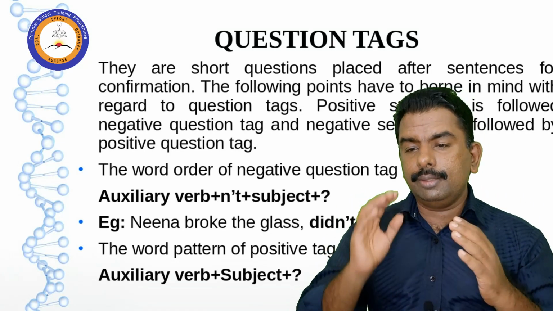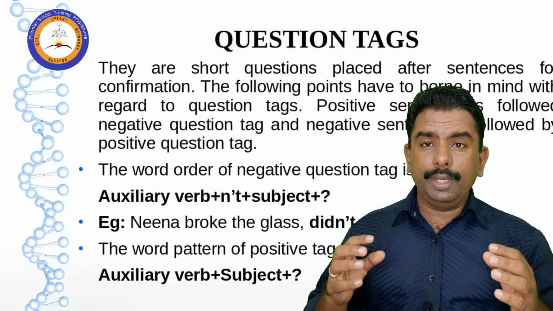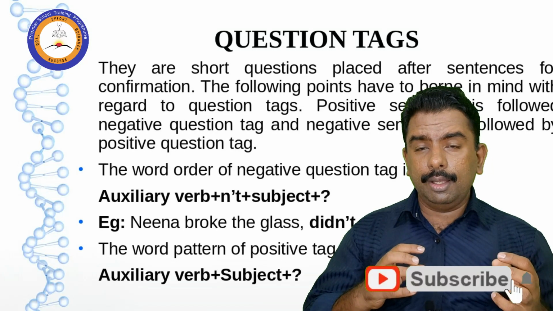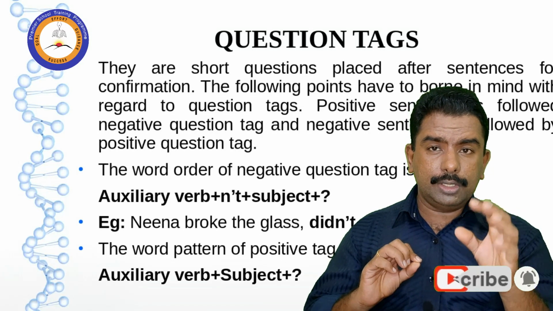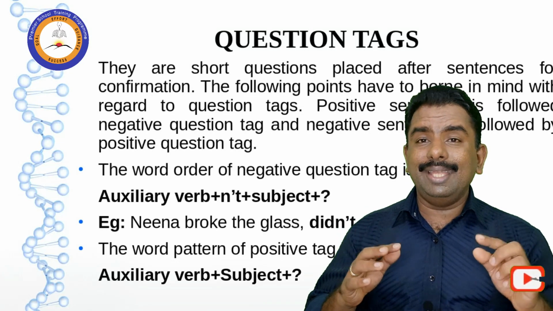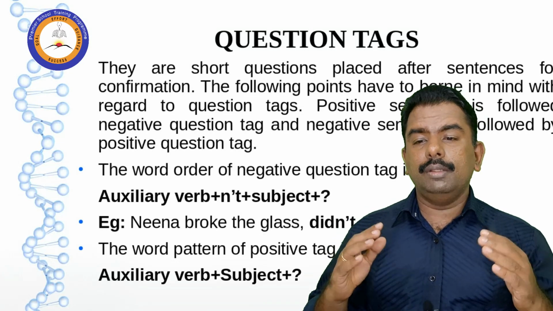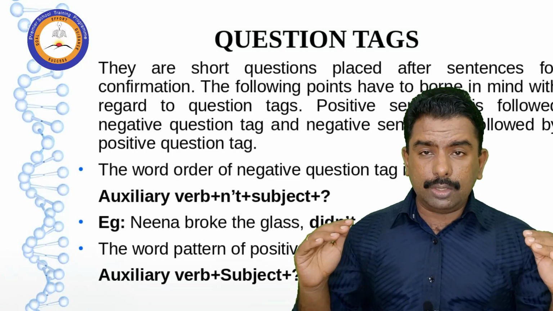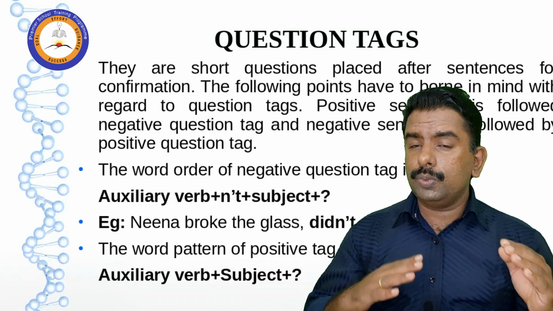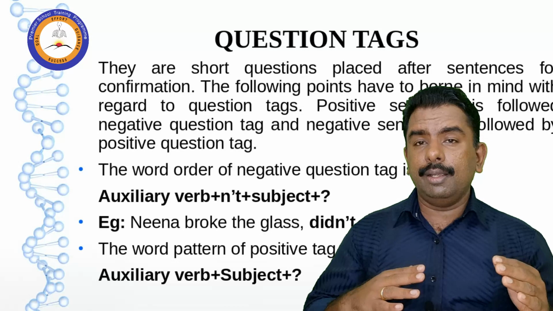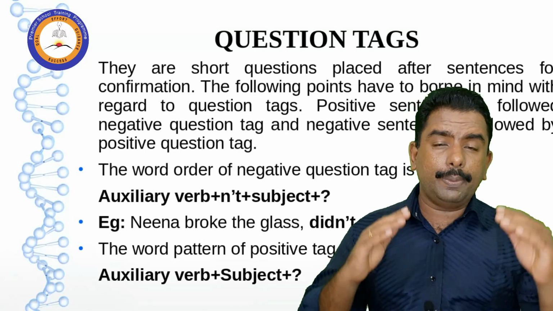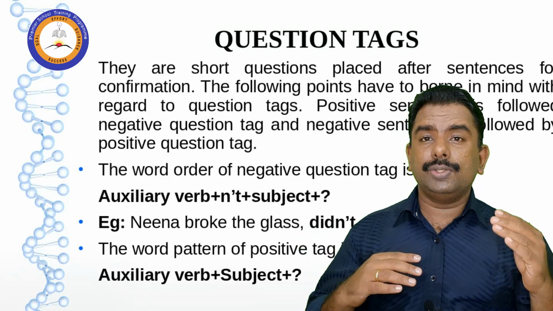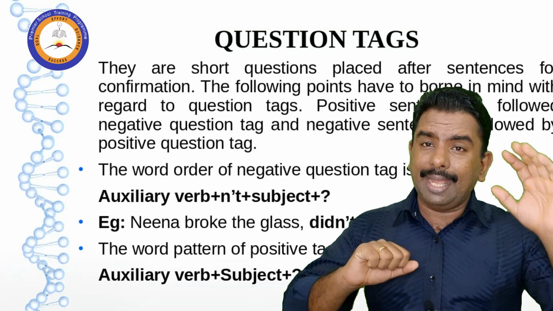That's why in this sentence, when we make a question tag, we just took that auxiliary verb and put N apostrophe T, the abbreviation for not. Then we used the pronoun she. Nina broke the glass is a positive sentence, and that's why we used the negative tag there. We added n't along with the auxiliary verb. Positive sentence, negative tag.